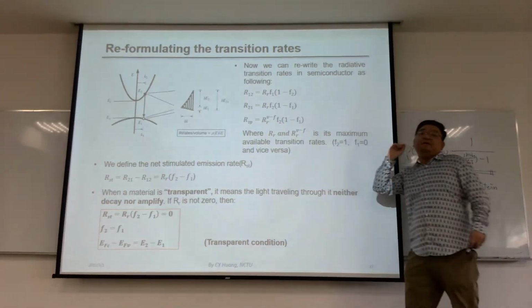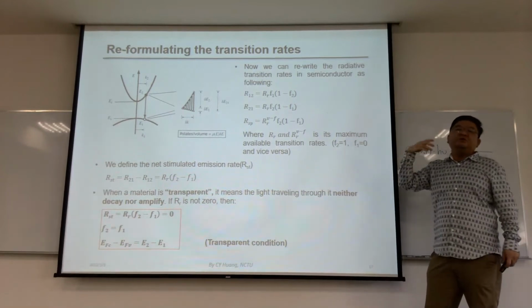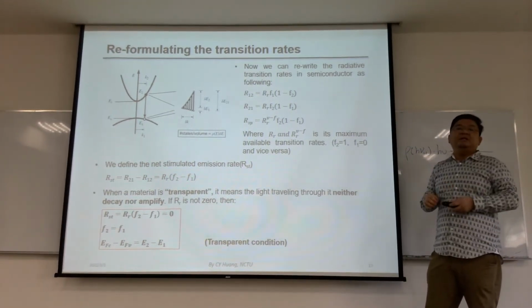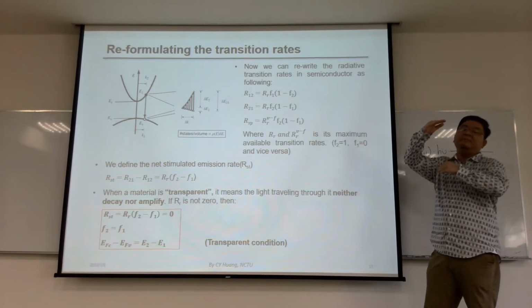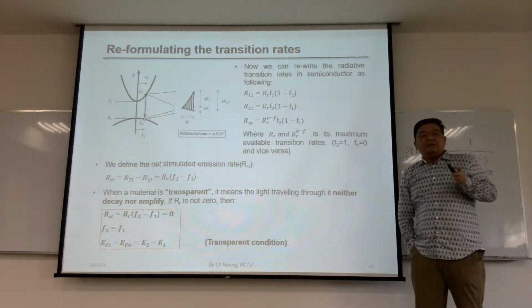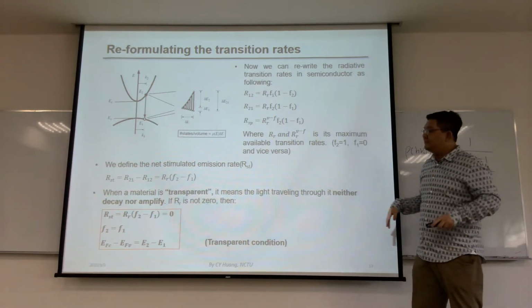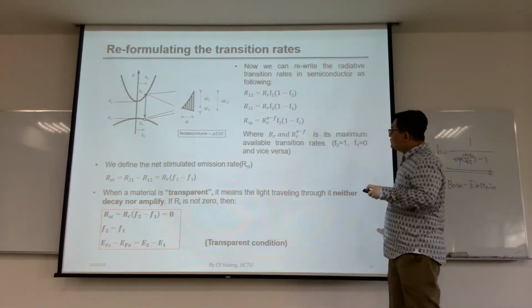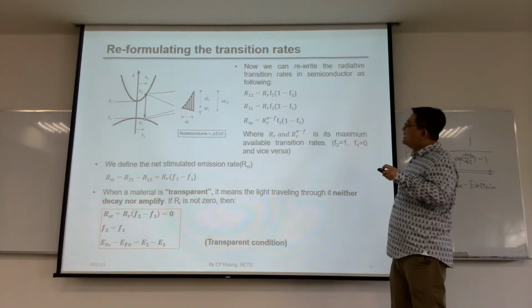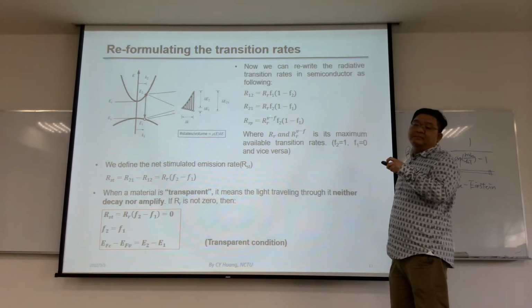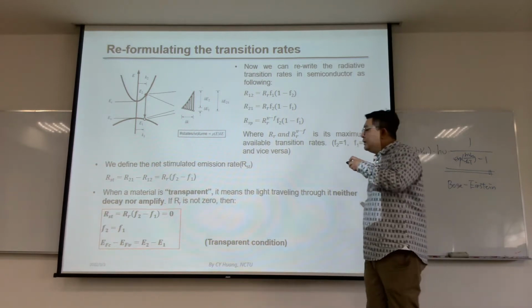So it's a bounded value. The transition rate, even under extreme excitation, has an upper limit and a lower limit. That will depend on your density of states. We will see that when we expand further. Similarly, the RSP also has a limited value. It's also bounded by your density of modes in your cavity.